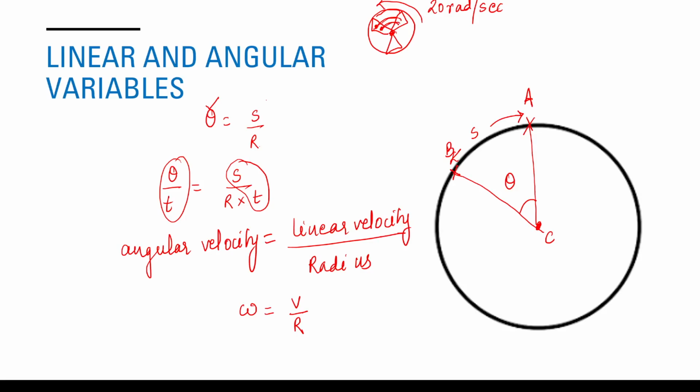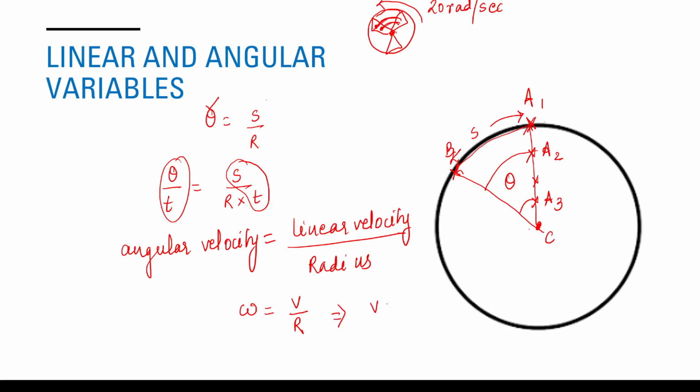Who's traveling more linear distance? The outer particle. So the farther from the center the particle is, the more its linear velocity. If I take A1, A2 and A3, all of them have the same angular velocity because they are part of the same fan rotating at the same speed. But the particle with the largest linear velocity is the one farthest from the center. This is what this formula tells you.